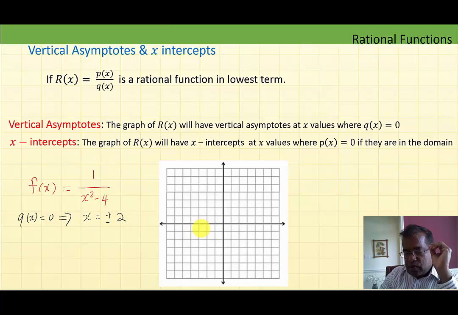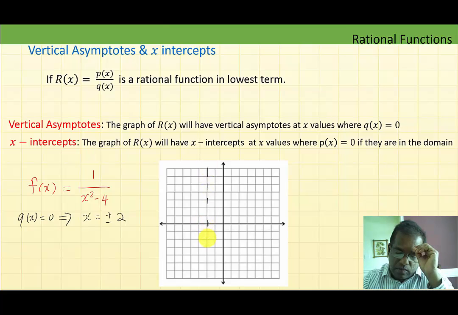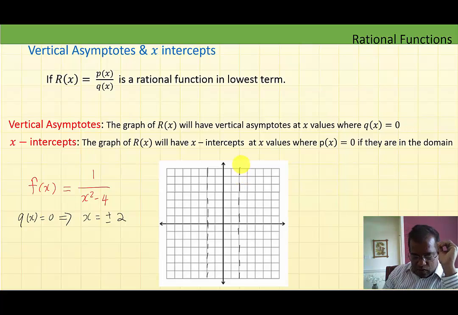So there are going to be two vertical asymptotes, one at -2 and the other at 2.